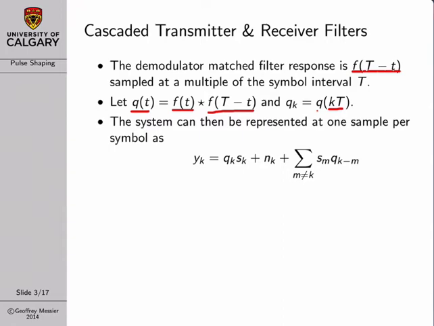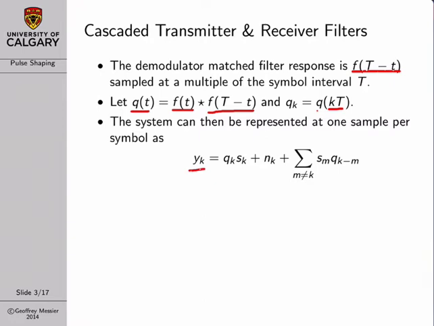If we take this perspective, then we can think of the output of the system as a series of discrete values, yk, where yk represents the symbol by symbol samples at the output of the match filter.